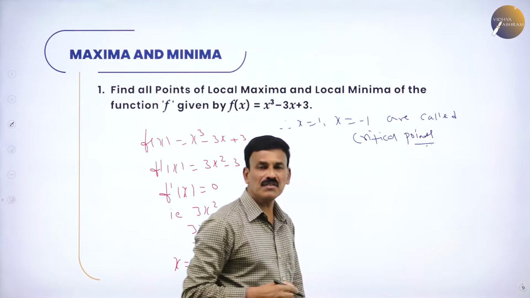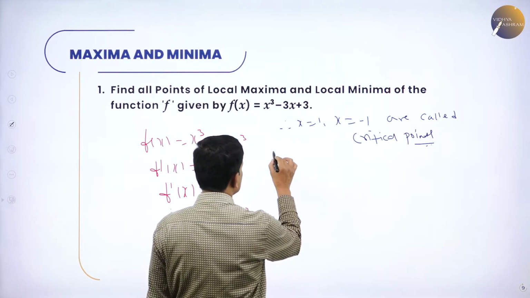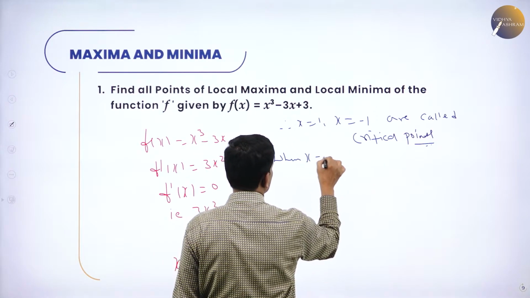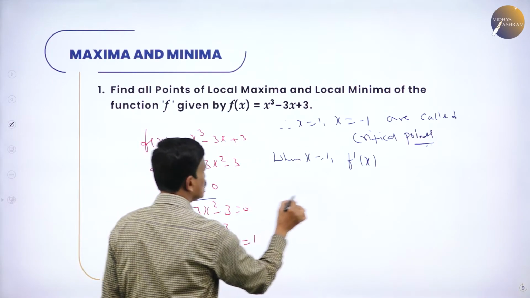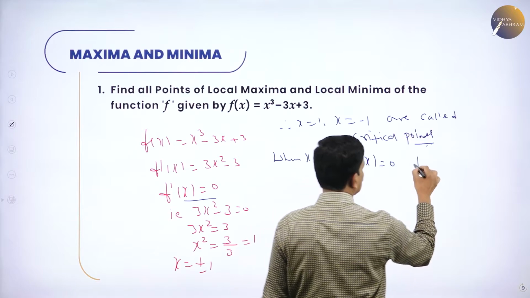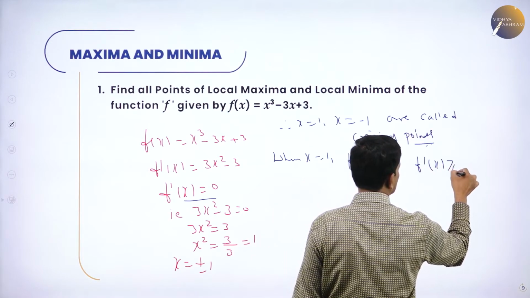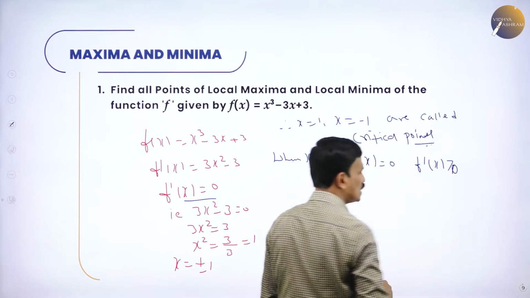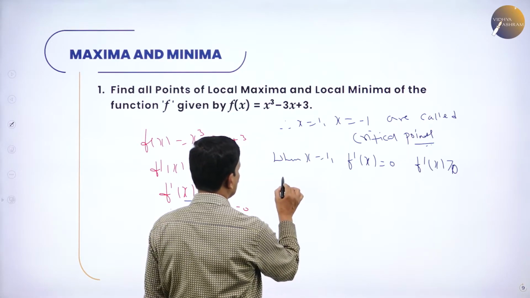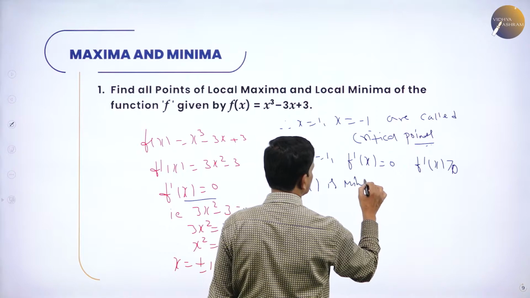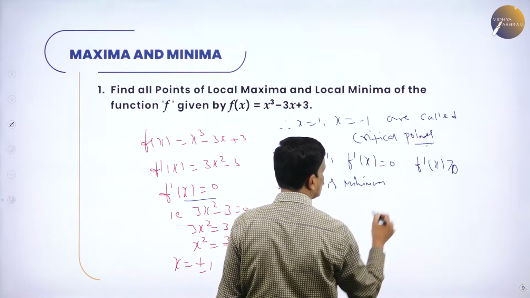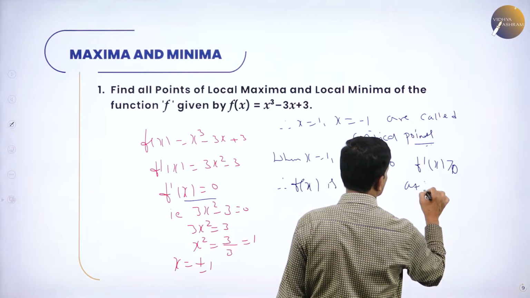Now use first derivative test to verify. Now when x is equal to 1, what is f dash of x? So f dash x is 0. That means f dash x is greater than 0. Therefore the function f of x is minimum by first derivative test at x is equal to 1.